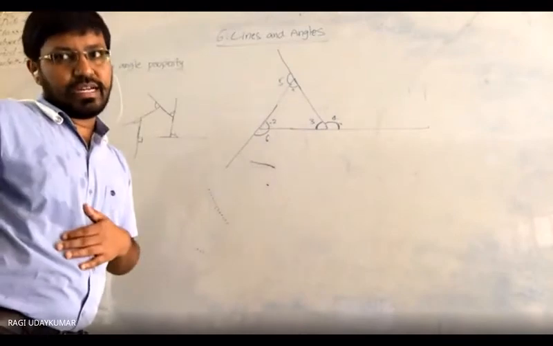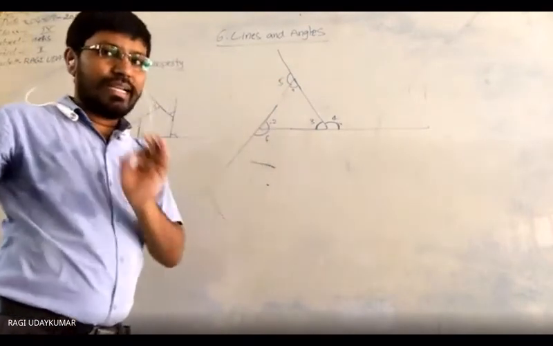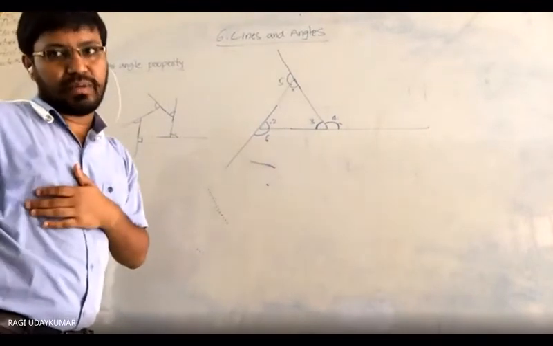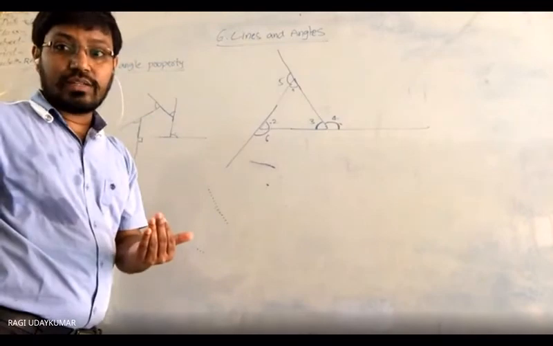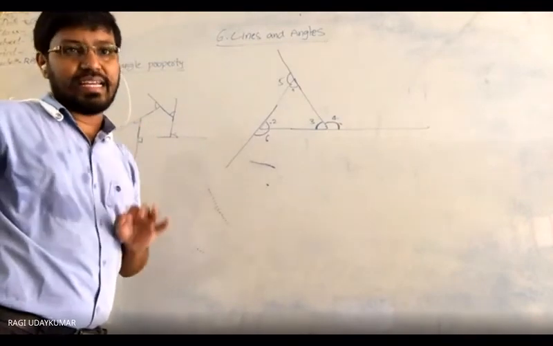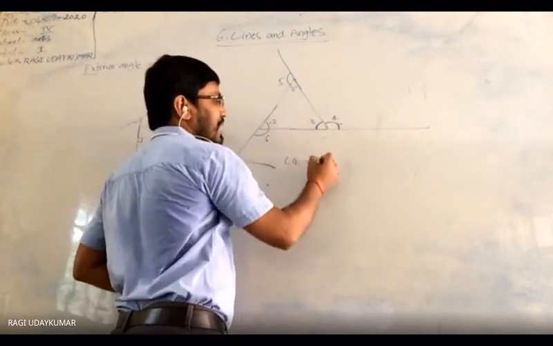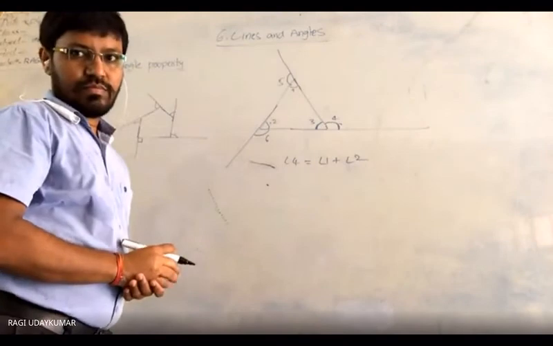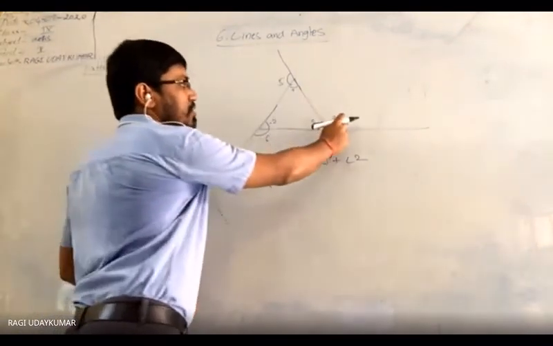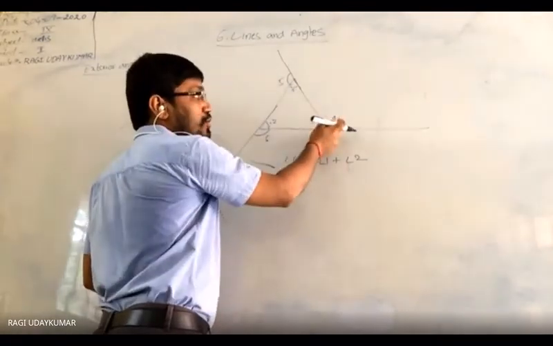The property is that 1 plus 2 plus 3 equals 180, which is the angle sum property. And here the exterior angle is equal to the sum of interior opposite angles. That means angle 4 will be equal to angle 1 plus angle 2. These two are called interior opposite.